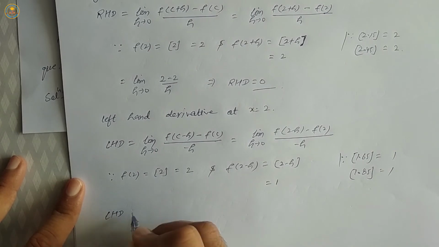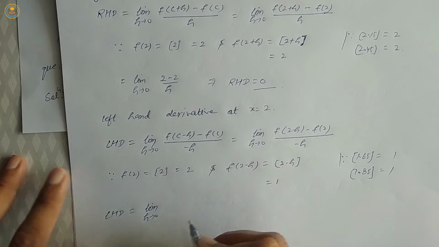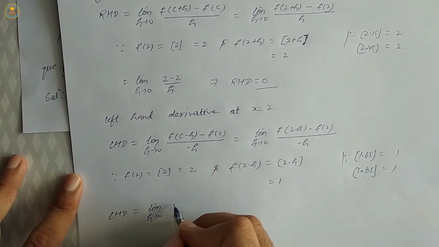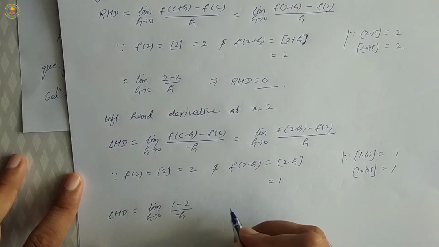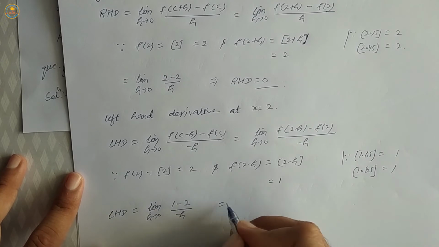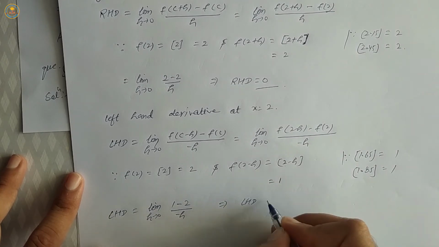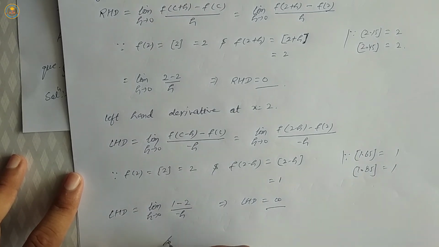LHD is equal to limit h tends to 0 of 1 minus 2 by minus h. Okay. This implies LHD is equal to infinite.